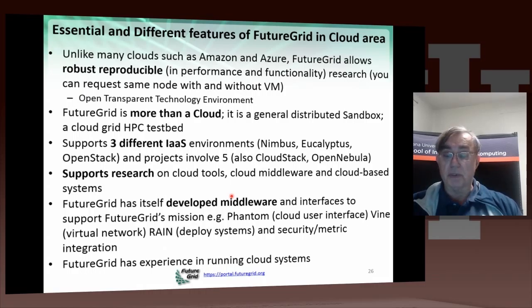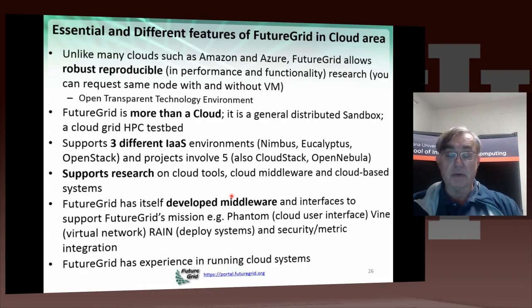Examples from the Nimbus group are Phantom, the cloud user interface, and Nimbus itself is a very nice example. ViNe is the virtual network software, which will turn up on a later slide. Rain is the dynamic deployment and provisioning system from Indiana University.